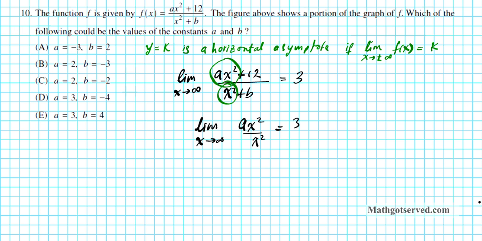You're going to reduce this, cancel out the x squares, and then you have the limit as x approaches infinity of a equals 3. This term is independent of x, so you just end up with a equals 3. That's your value of a. So you can basically cross off A, B, C. It's either D or E.